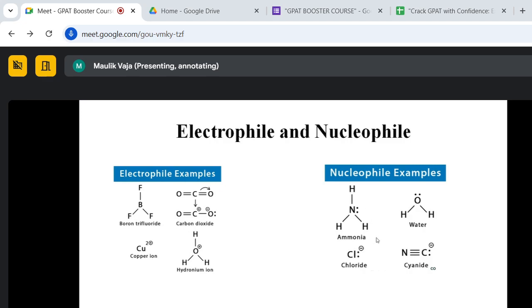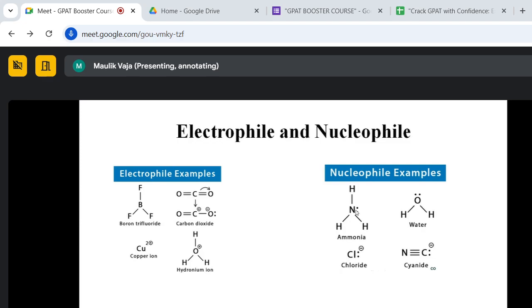The compounds which have more electrons, an excess of electrons, like anions, Cl minus, CN minus, have more electrons, and that's why they are attracted towards the nucleus. So it is called a nucleophile, a nucleus loving species. Another example is ammonia and water, in which nitrogen contains a lone pair of electrons, an excess of electrons.